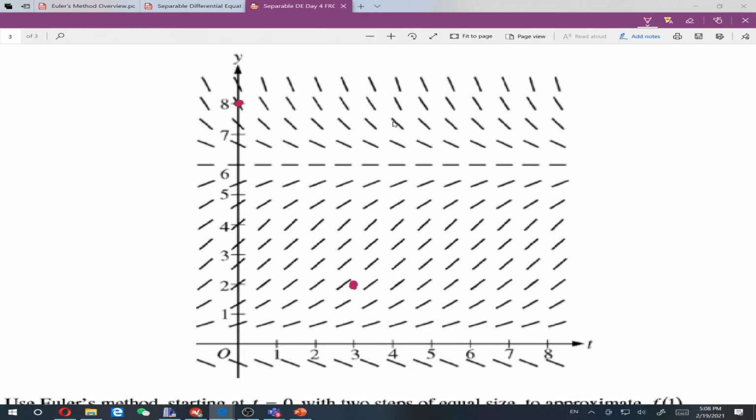Do we sketch, like, do we follow the slope line until it reaches the, I want to say, the straight line near 6? Right, so we're just going to follow these slope lines up until here. So I've got something like this, and then we'll do the same thing on top.